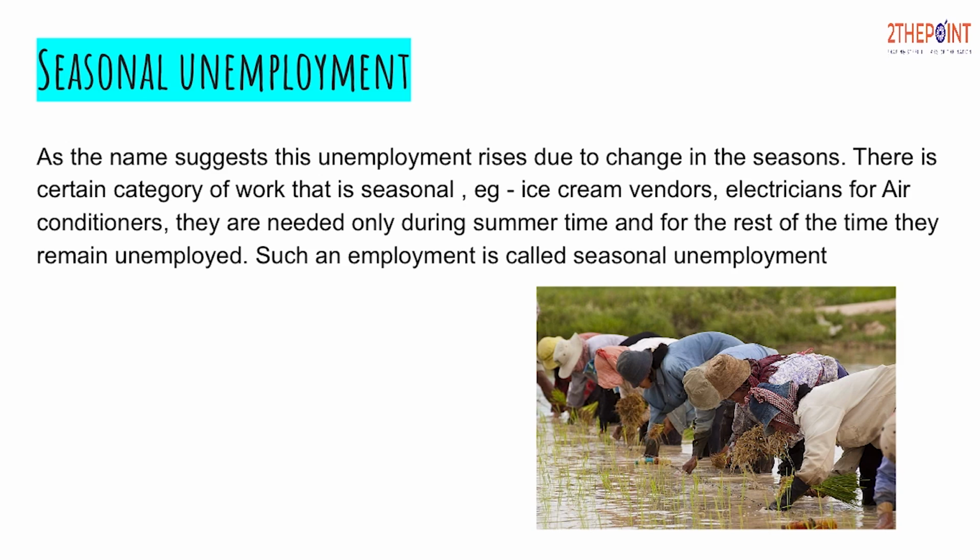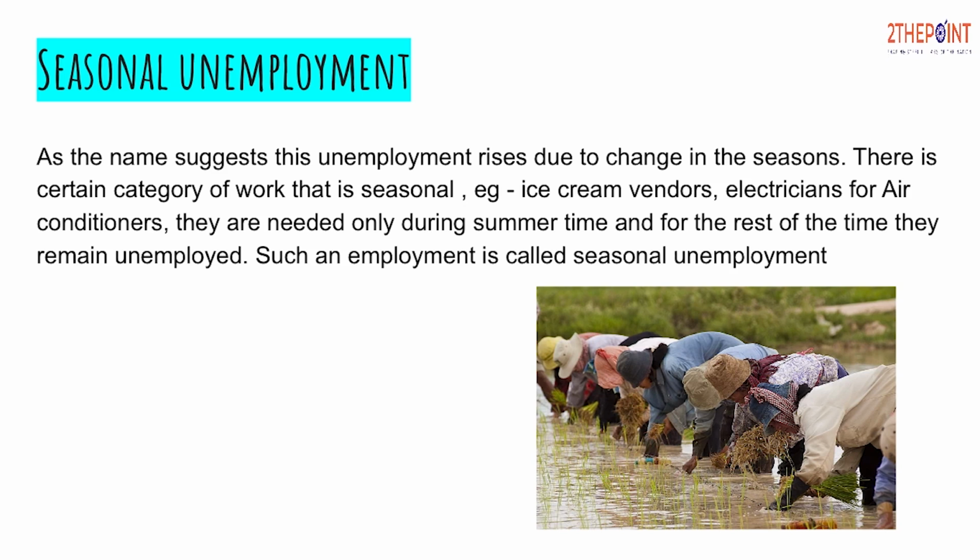So people related to these industries, like the ice cream industry, or air conditioner manufacturing, or the workers or electricians who repair such machinery, are more required during the summer season rather than the winter season.